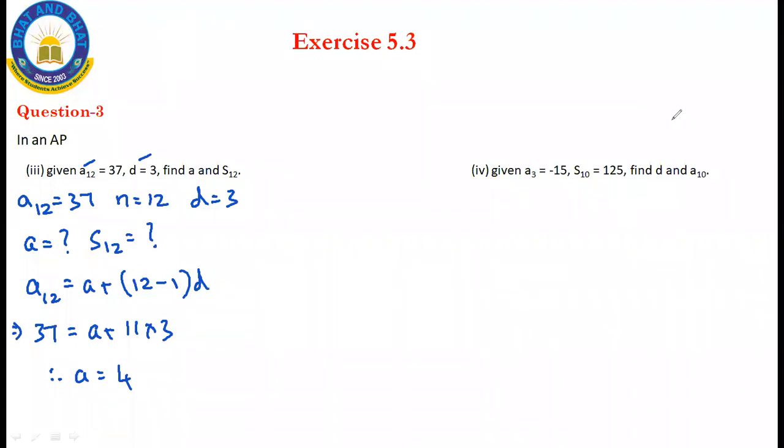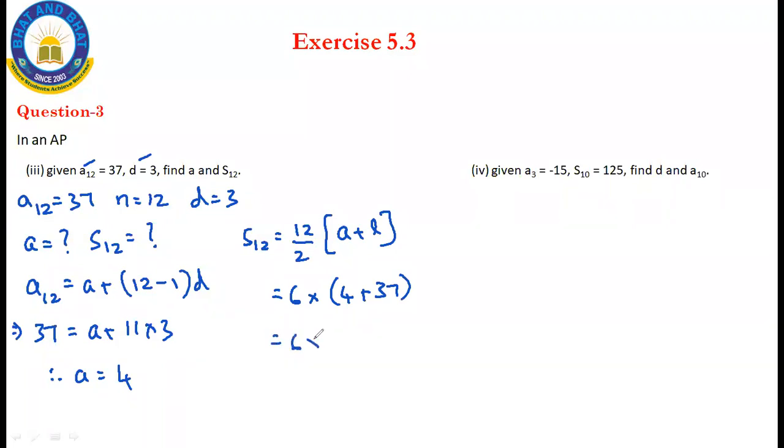So find out what is S12. S12 is 12 by 2 into a plus l, that is 6 into, a we have found out 4, plus 37. 6 into 41, 246. Is it correct?